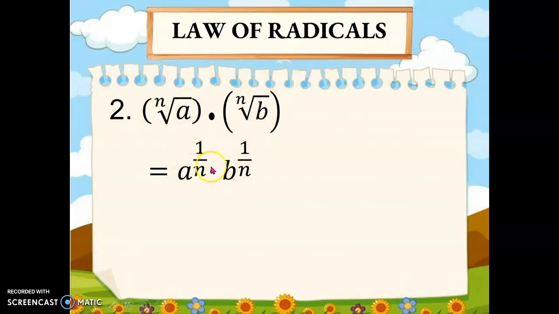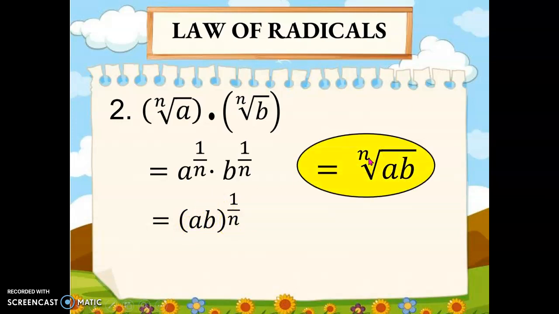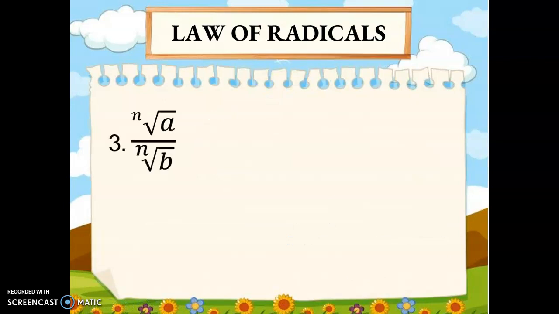Since they have the same index, a times b is ab raised to 1 over n, and then radical. Since the base is ab, it goes inside, raised to 1 over n. Simple as that.